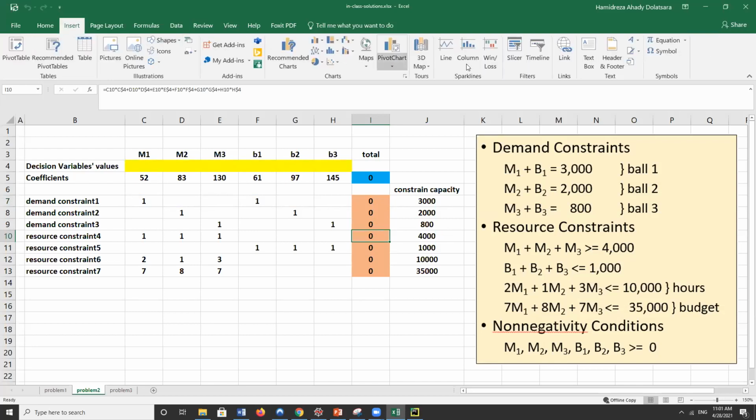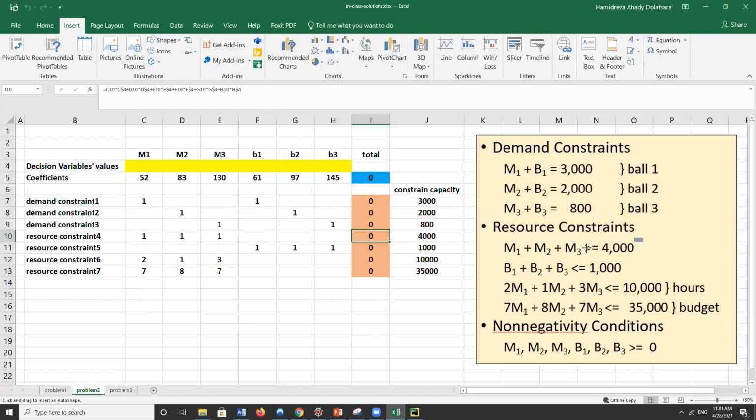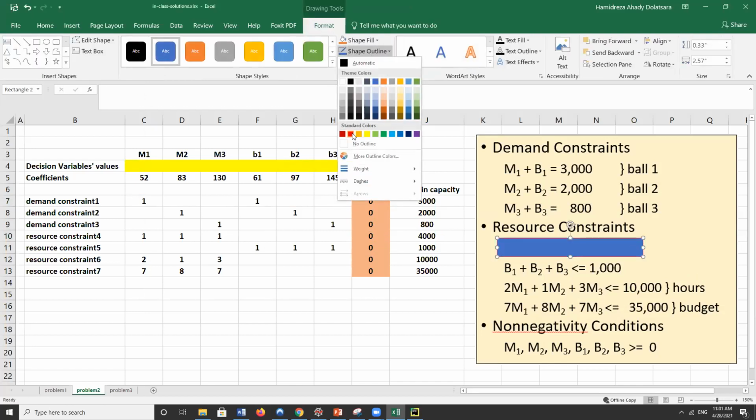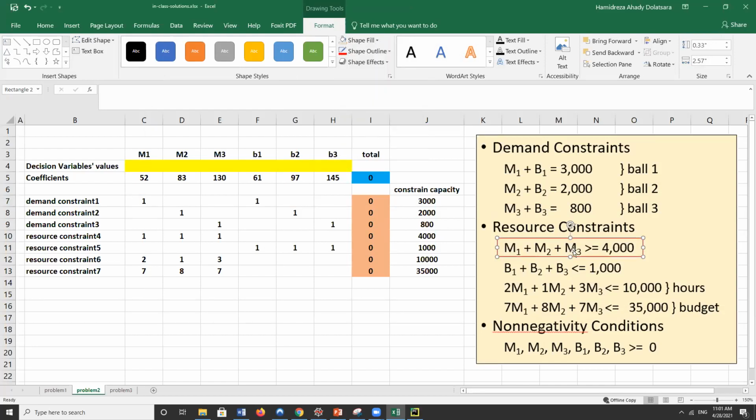Let me show it here. So m1 plus m2 plus m3 has to equal 4,000.